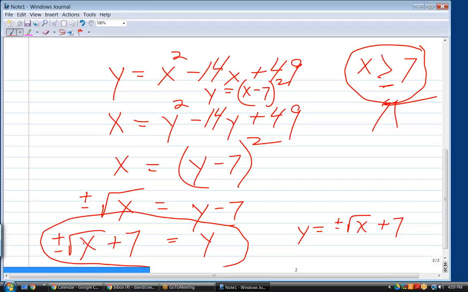The only thing, let me show you a different way to do this problem. May shed light on it.